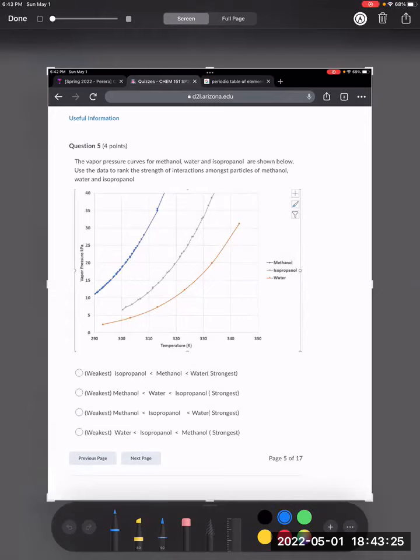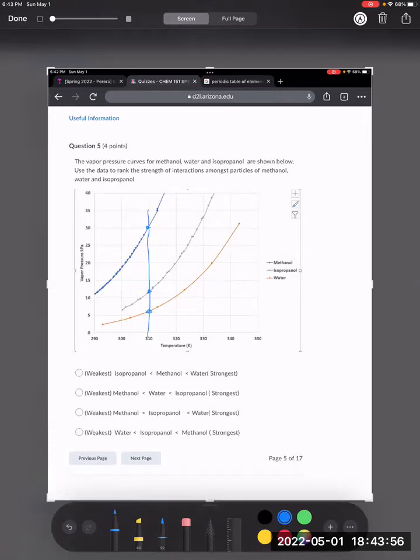Now water in this case, which is the orange curve, should have the strongest intermolecular forces, because you can see that at any given temperature, let's pick something like 310, and if you draw this line, the vapor pressure of water is the lowest, something around 5, and then isopropanol, and then the vapor pressure of methanol is the highest. Because water has the lowest vapor pressure at any given temperature, water must have the strongest intermolecular forces, strongest attractive interactions.